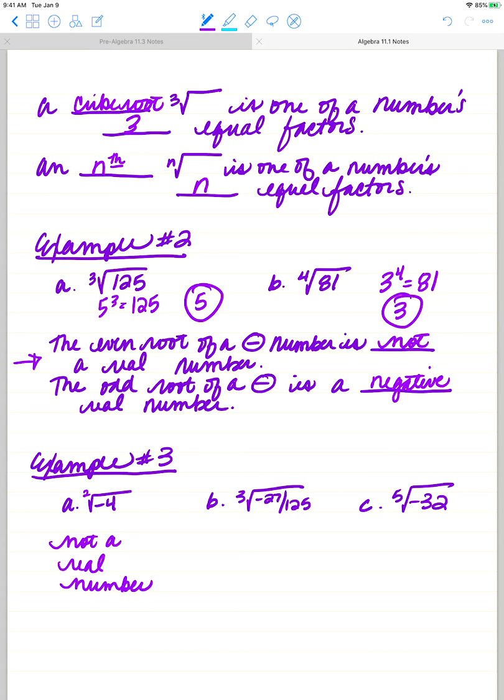B, what is the cube root of negative 27 over 125? Oops, sorry, I did that a little wonky.